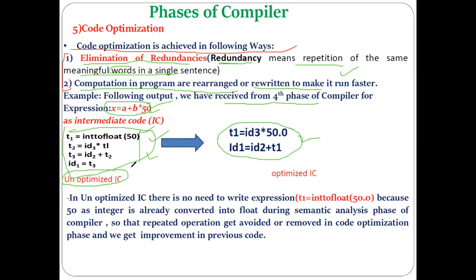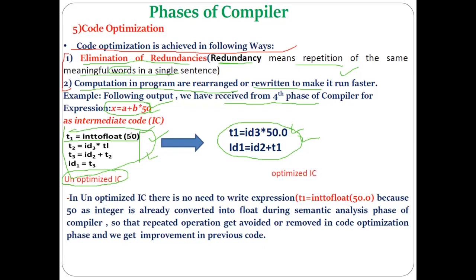Now why are we calling this unoptimized intermediate code and this optimized intermediate code? Let's see. In this program, if you see the first intermediate code instruction, t1 equal to inttofloat 50, this instruction is doing what? Converting the 50 into 50.0.